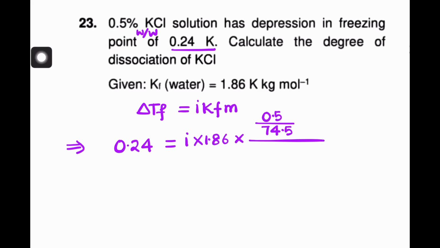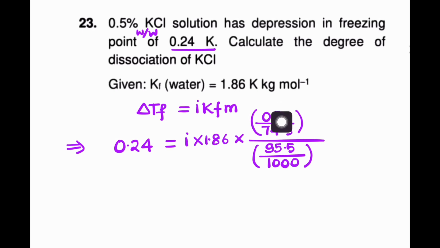So what is the mass of solvent in kg? 100 gram solution means 0.5 gram is your solute, so 99.5 gram is your solvent, divided by 1000 to convert this into kg, right? Because the formula of molality is the number of moles of solute present in 1 kg of solvent. So this is the mass of solvent in kg.